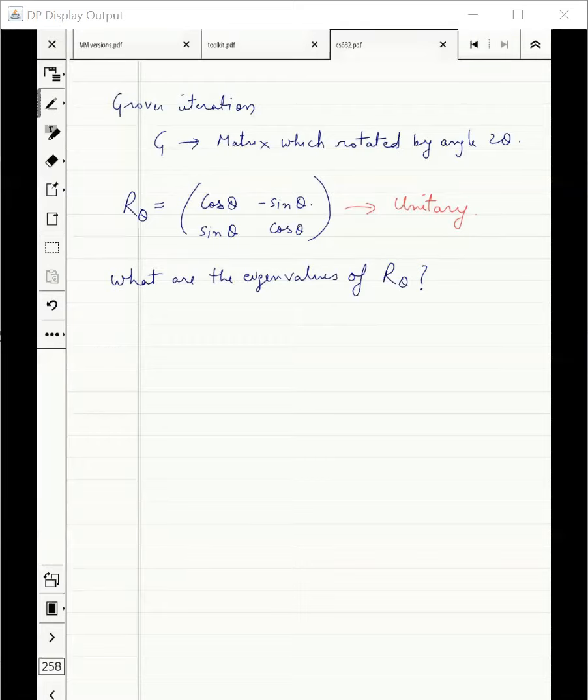Let's try to find the eigenvalues of R theta. How will you find the eigenvalues? Determinant of this minus lambda. Good.